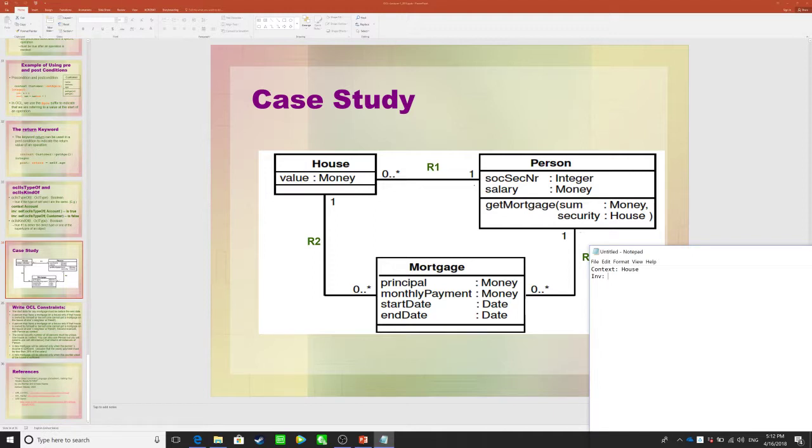No one knows. Self.R1. And then the arrow.